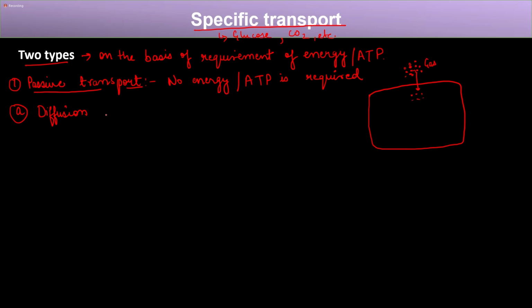So what do we understand by diffusion? It is the movement of a material from high concentration to low concentration. In the case of the plasma membrane, the examples of diffusion are gases like CO2 and O2.